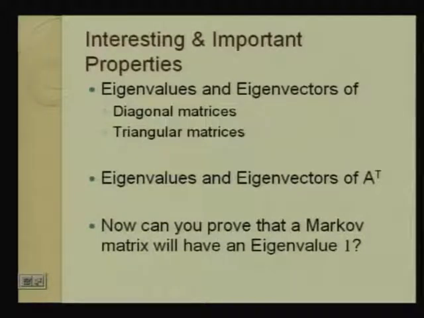You remember the property of Markov matrices? All the elements are positive and each row or each column sums to 1. So now can you tell me that it will always have an eigenvalue which is 1? Can you prove that?